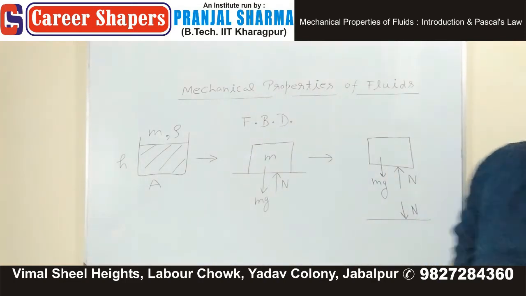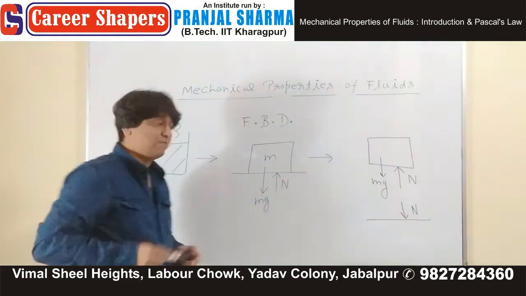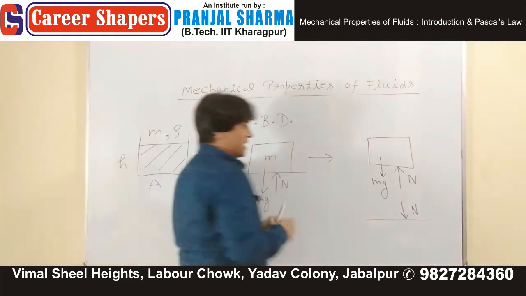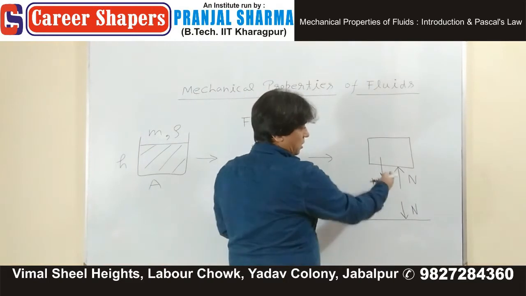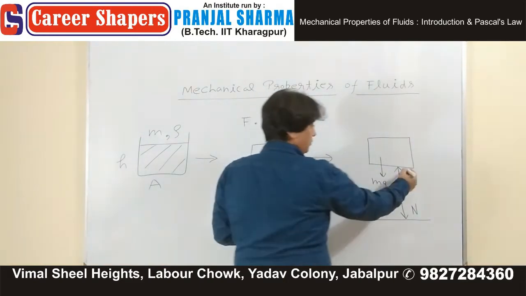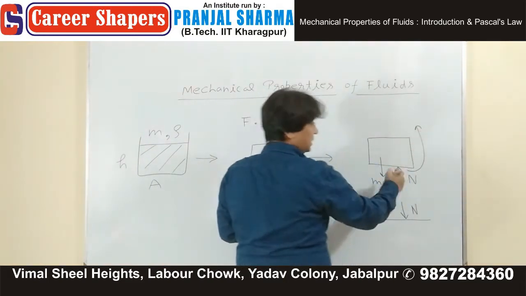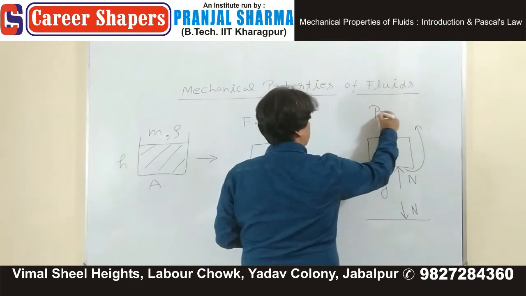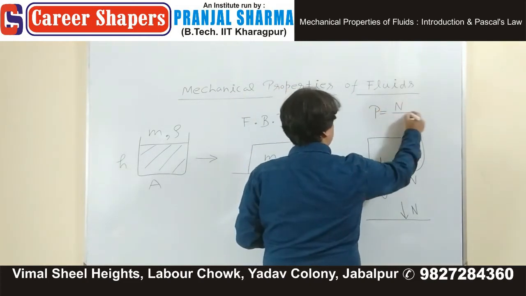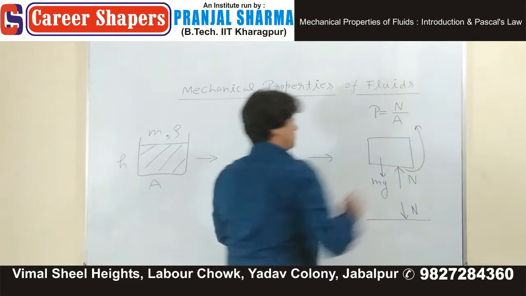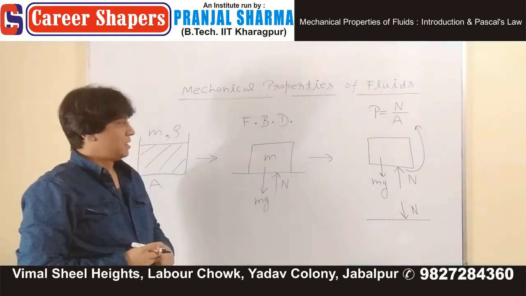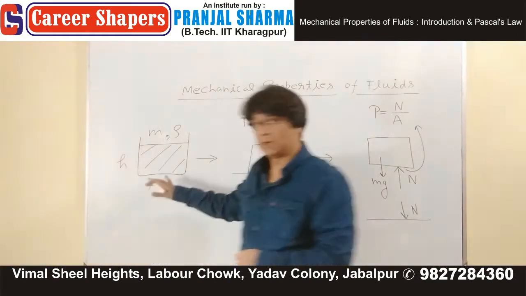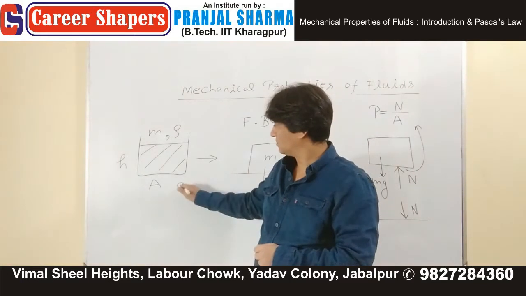So what is pressure according to the definition we developed? If I say find out pressure on the liquid column right here, then it will be N divided by A. If the whole setup is at rest.